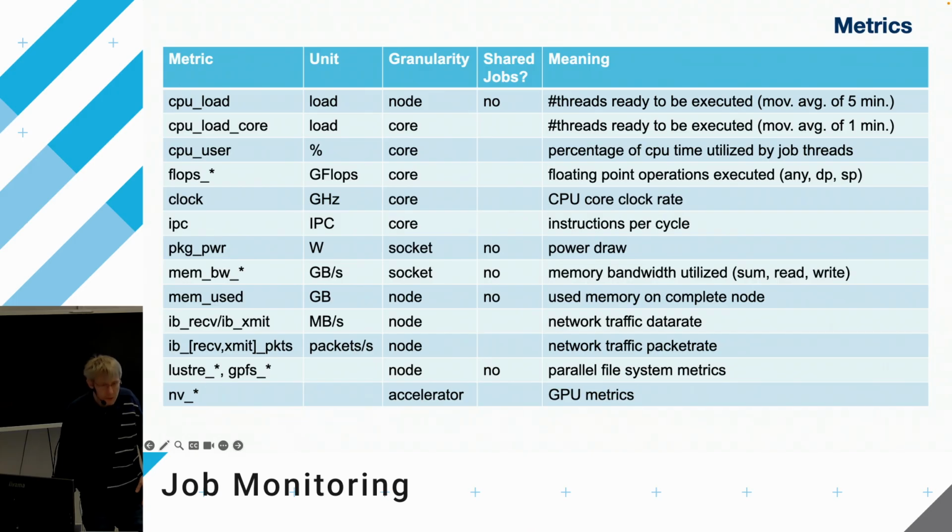This is an important difference, because as you know, your jobs can use a node exclusively, or they can share a node with different jobs. If your job shares a node with a different job, then a metric at node level is influenced by the behavior of your job, but also by the other job that is running there. It could be another job from you, or it could be a job from a different user.